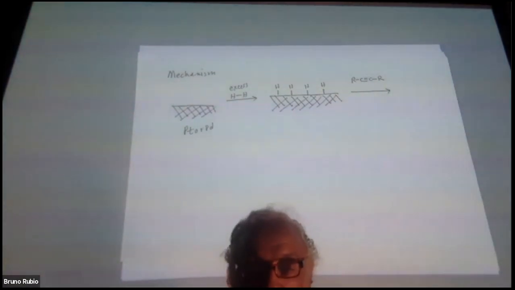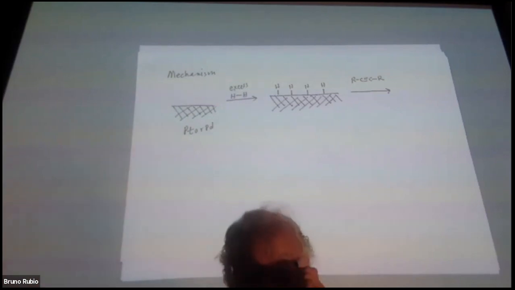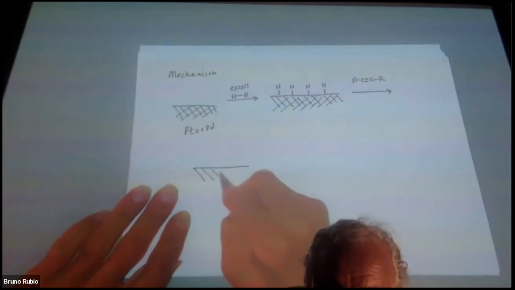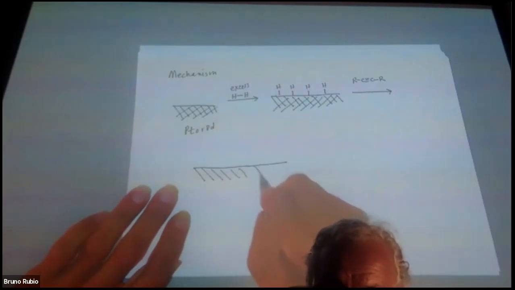And it also undergoes dissociative adsorption on the catalyst surface. So let's see, our catalyst surface looks like that.